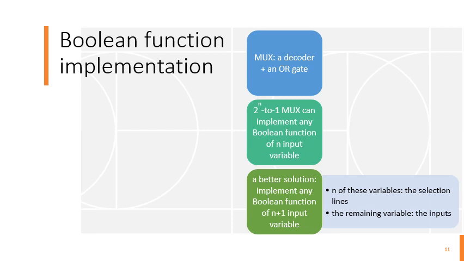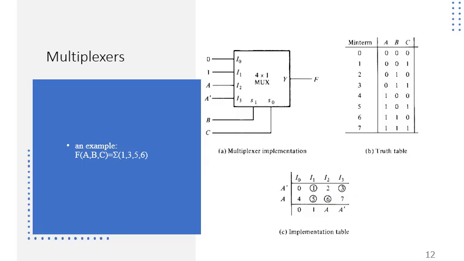So let us see some examples in which we explain this concept, how we implement a Boolean function by use of a multiplexer. We're going to see two different examples. In the first example, we're going to implement a Boolean function using the most significant bit as the logic bit implemented on the inputs, and the remaining two bits are mapped to the select lines.